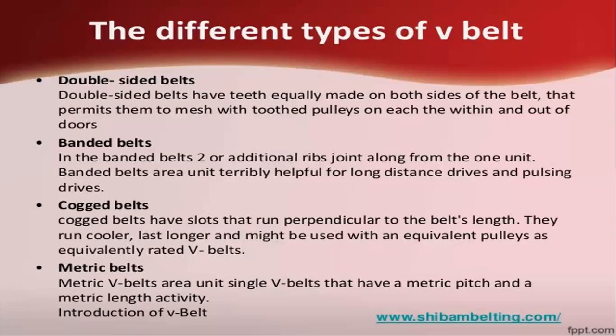And the last one is the metric belts. In the metric V belt, the unit is called the single V belt. Generally these are single V belts that have a metric pitch and a metric length. So it is up to the user to have the metric pitch and a metric length.